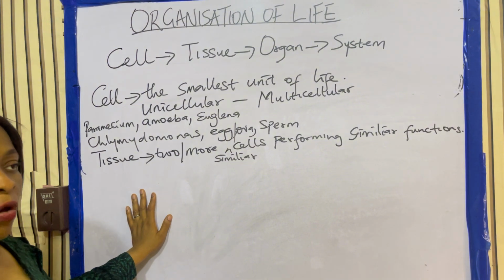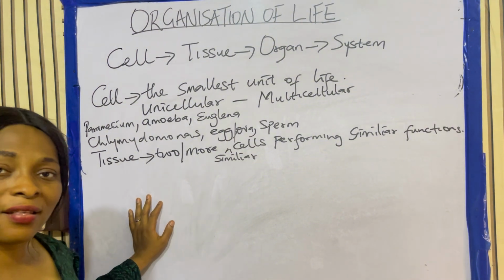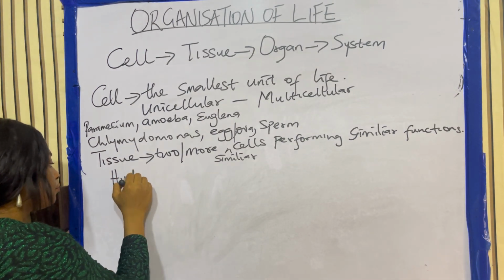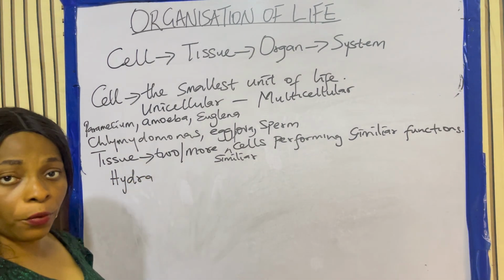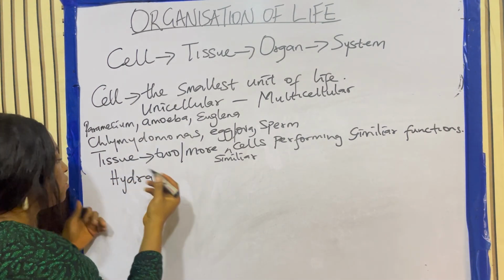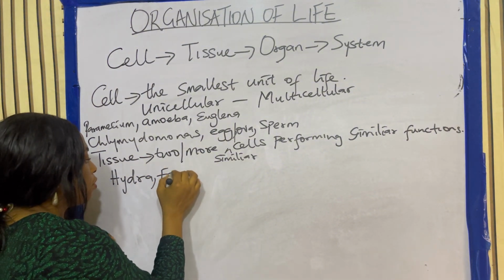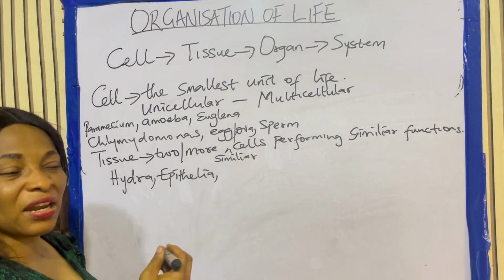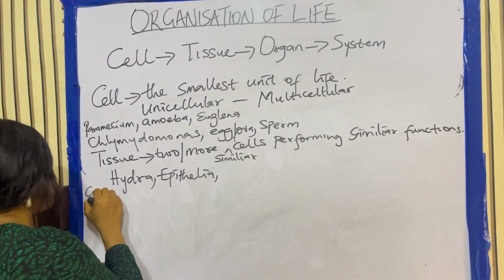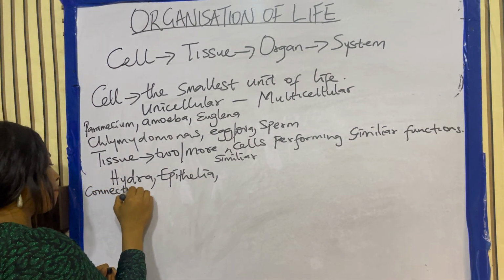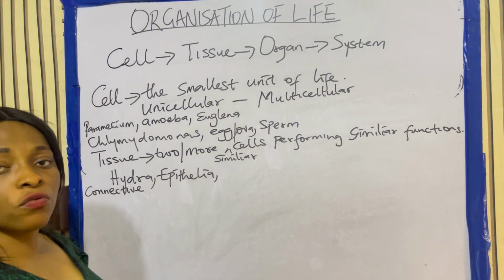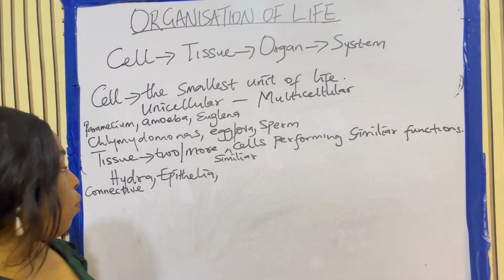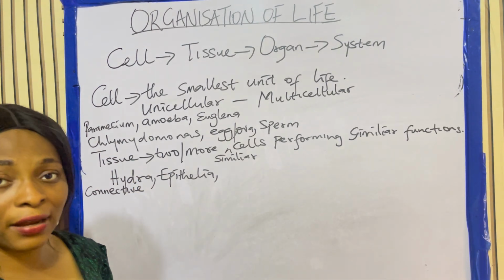Tissue. So what are the organisms that exist at tissue level? We have what we call hydra. Are we following? We have what we call epithelial tissue. All these tissues are found, connective tissue, etc. All these tissues, these epithelial connective tissues, are found in the body of an animal, while Hydra is also an animal.